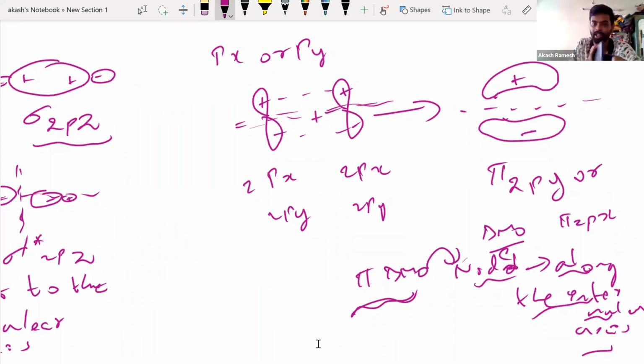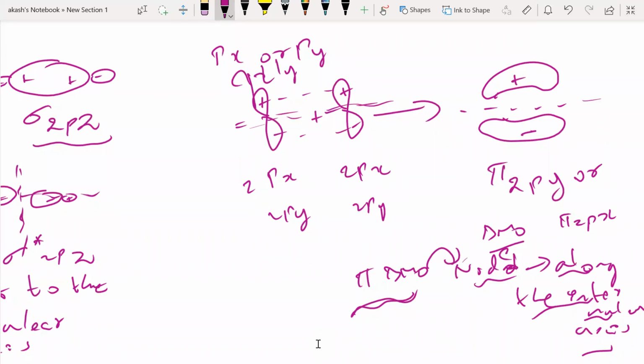Again you see there's an internuclear axis here that is going to have a nodal plane. So px and py will accordingly have the same shape, but only the orientation will be different. If this was px, this would have been the x-axis. If this was py, it would have been the y-axis. That's the only difference.